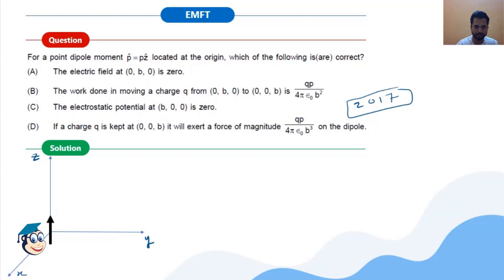This is the P vector, which is P z cap. Which of the following are correct? This is the question. Let us check option 1. Option 1 says the electric field at 0, B, 0: the X and Z components are 0 and the Y component is B. Let's say we are talking about some point at this location.